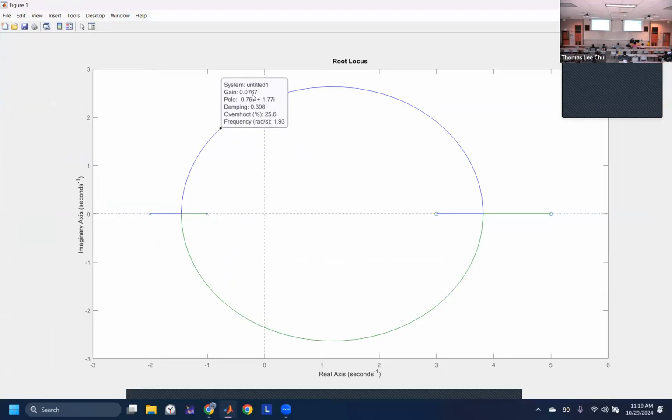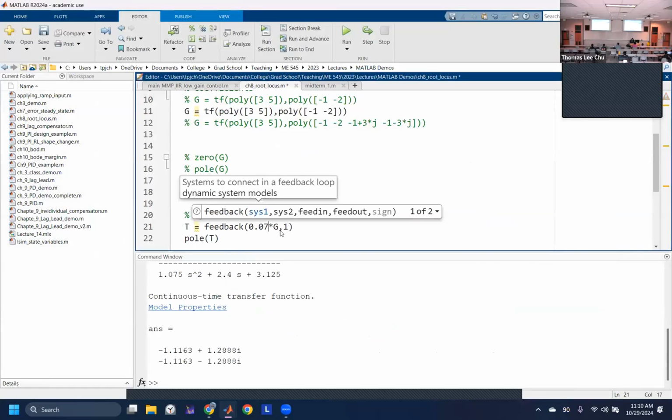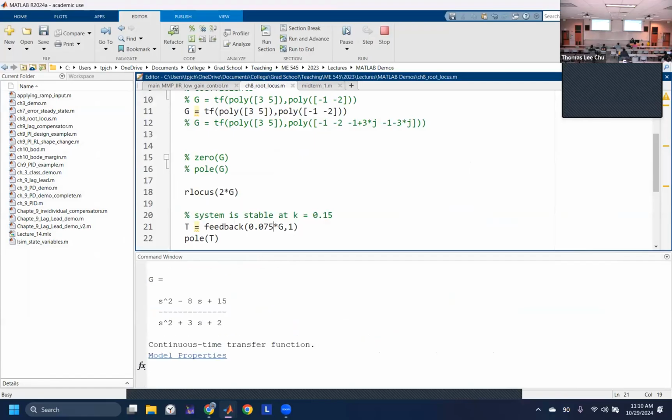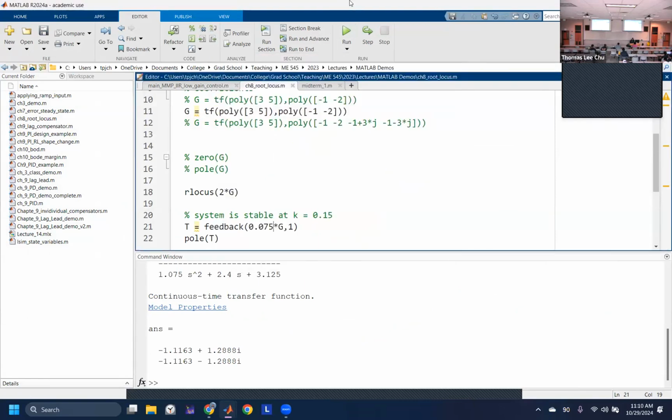It is actually 0.15 divided by 2. So let's try that again. Yeah, well, I'll look into that later. Anyway, that's how you use root locus in MATLAB.